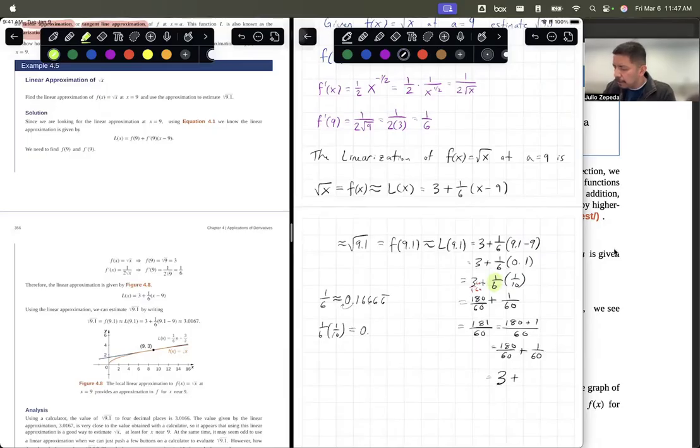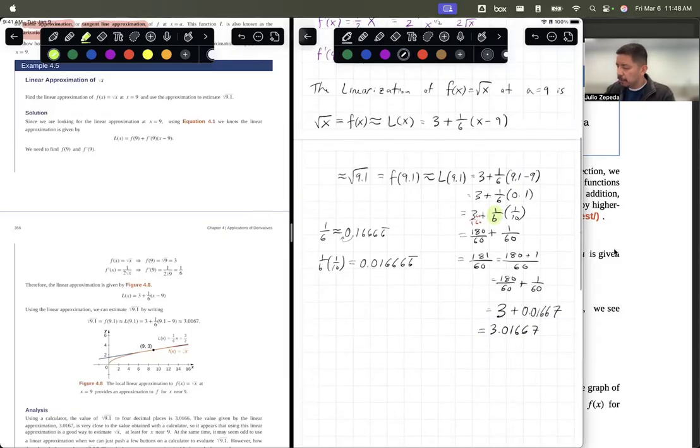And so that would be 0.0166666 repeating. Okay, so this is approximately 0.01, and we'll go to 1, 2, and we'll round to 7. And so if we add these two numbers together, we get approximately 3.01667 as our approximated value.